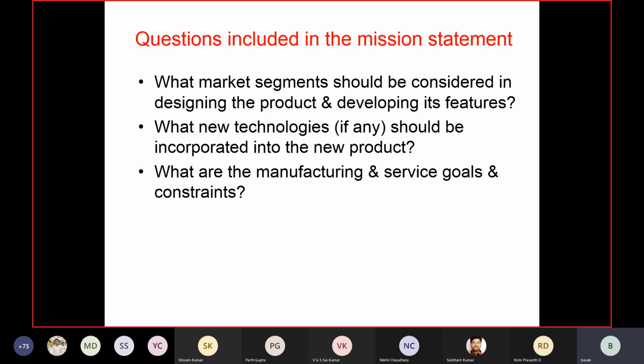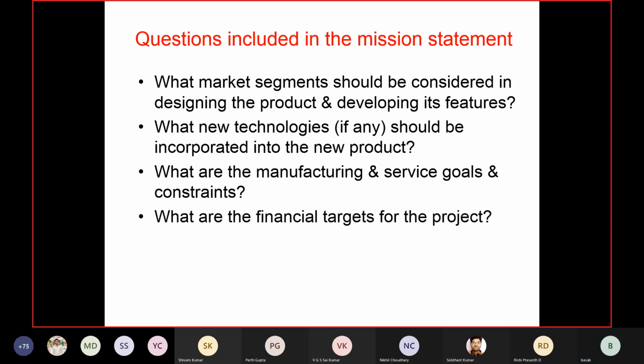It's not that you know exactly, because the team might not be aware of all the plants and machineries of the particular company, particularly if the company is huge. If it's a single shed company, people generally know. But with multi-geographical locations, it's difficult for people to know what is there around. So what are the manufacturing and service goals and the constraints?